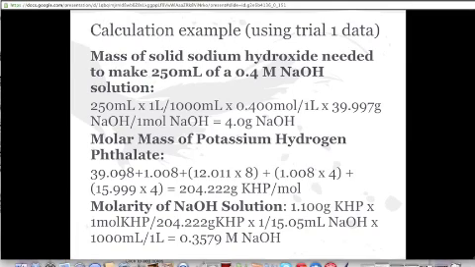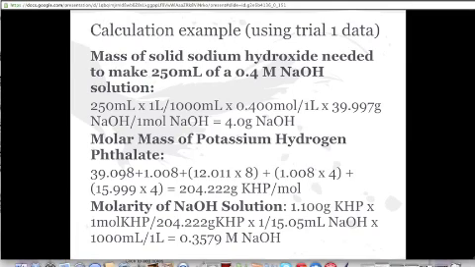Next, we can calculate the molar mass of KHP by adding the mass of individual elements involved in KHP. And finally, the molarity of the sodium hydroxide solution is calculated by 1.100 grams of KHP multiplied by 1 mole KHP over 204.222 grams of KHP, which is the molar mass of KHP that we got in this step beforehand.